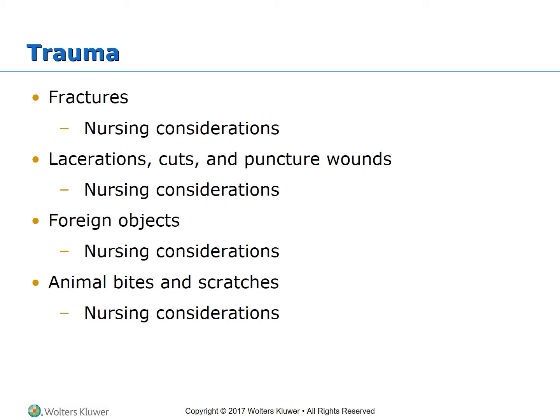And then animal bites and scratches. Animal bites and scratches can be serious because they may require plastic or reconstructive surgery. As nurses, we want to provide education to the caregivers to cleanse the scratches, apply the antibiotic ointment, and watch for signs of infection.